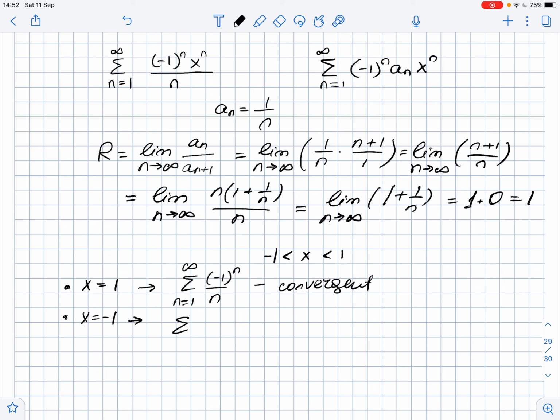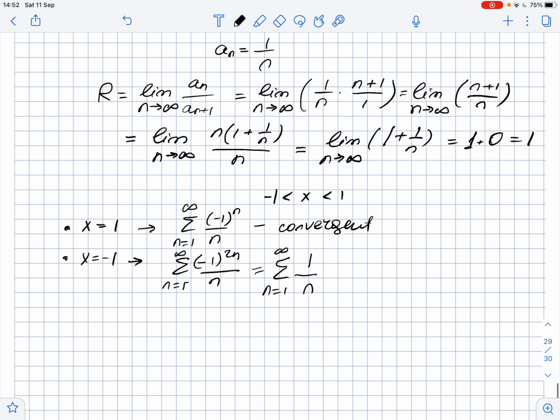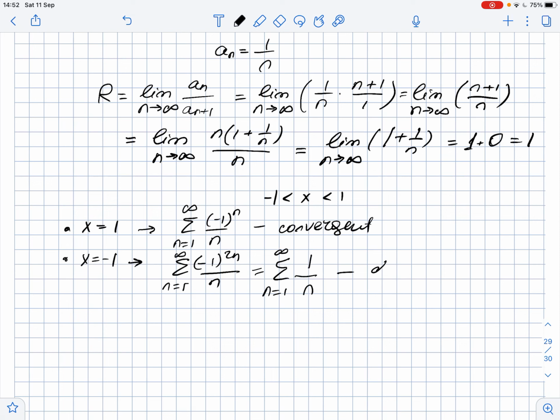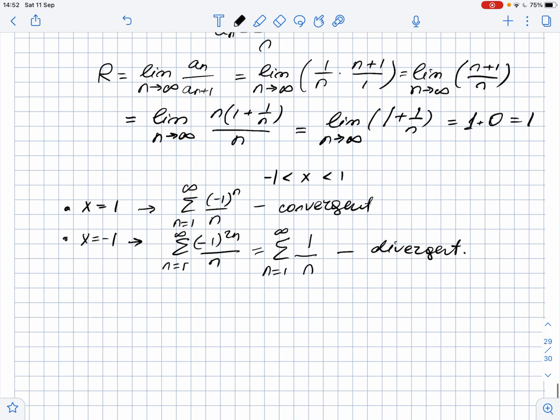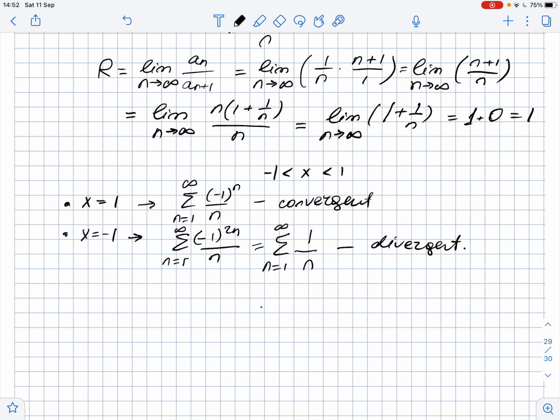And at x equals -1, the series becomes the sum of (-1)^(2n) over n, where n goes from 1 to infinity. So this equals the sum of 1 over n, where n goes from 1 to infinity, and this is divergent. So we get that our interval of convergence looks like this.